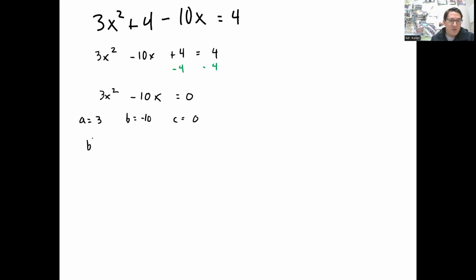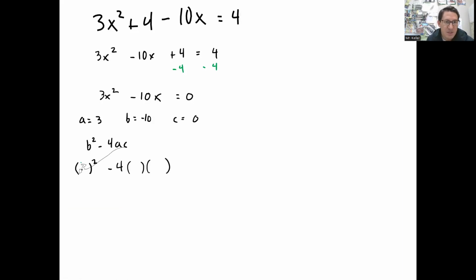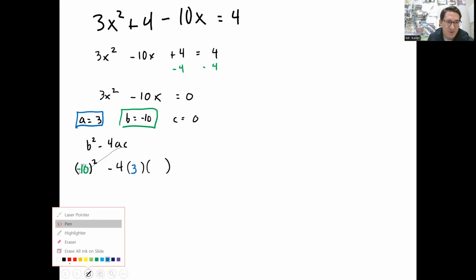I'm going to start off with the discriminant, b squared minus 4ac. So it's going to be b squared minus 4 times a times c, where b is -10, a is 3, and c is 0.